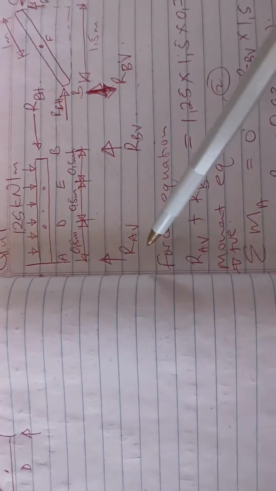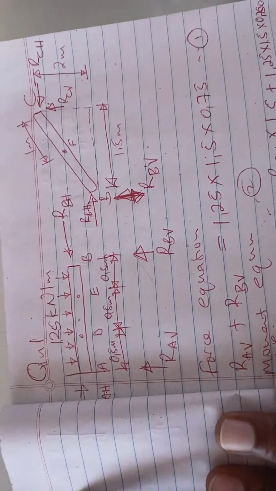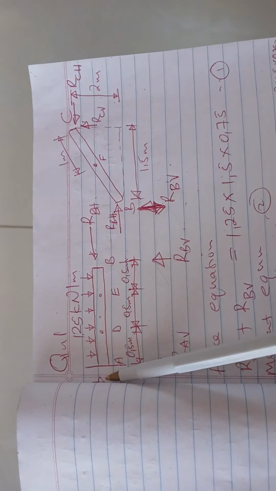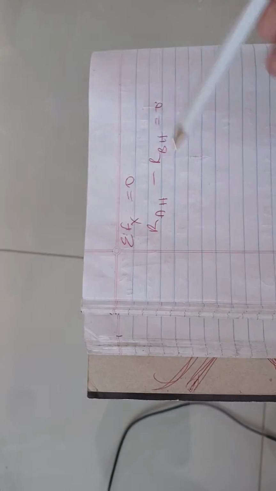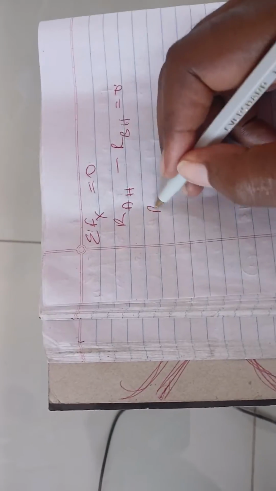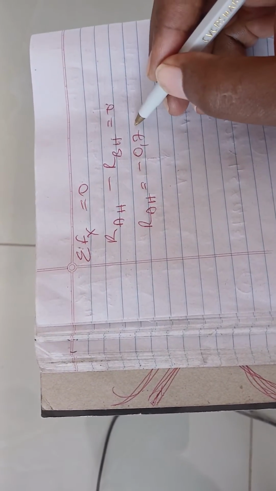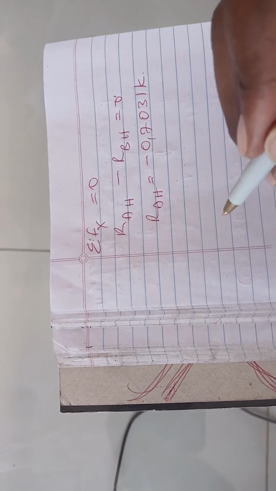Then if we come to this presentation now, we now have our RAV, RBH, but still here we have our RAH that we need to calculate. So RAH minus RBH should give us 0. So here we can get our RAH being equal to minus 0.7031 kilonewtons.